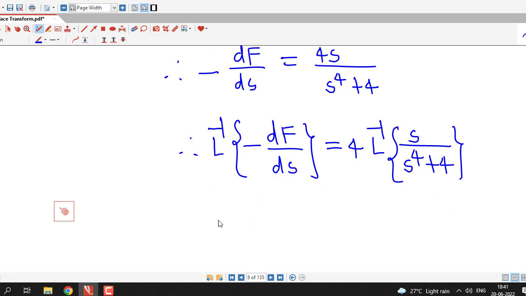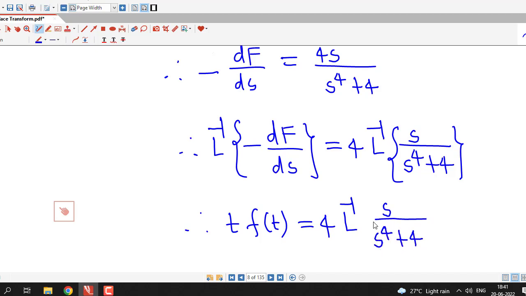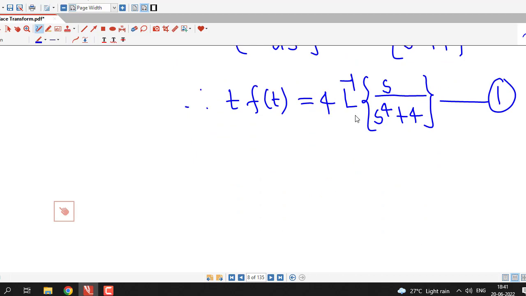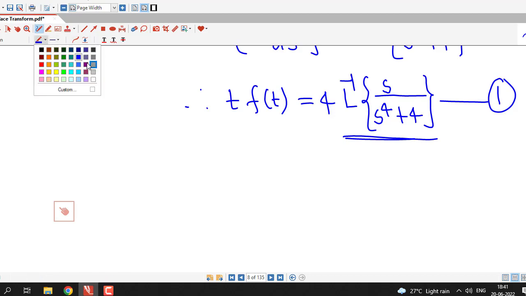So now the left hand side will be equal to t times f of t by the formula which we just discussed, and we have to find the inverse Laplace transform of s divided by s raised to 4 plus 4. We give this number 1, and if you recall, we have discussed how to find the inverse Laplace transform of this function in one of the previous lectures.